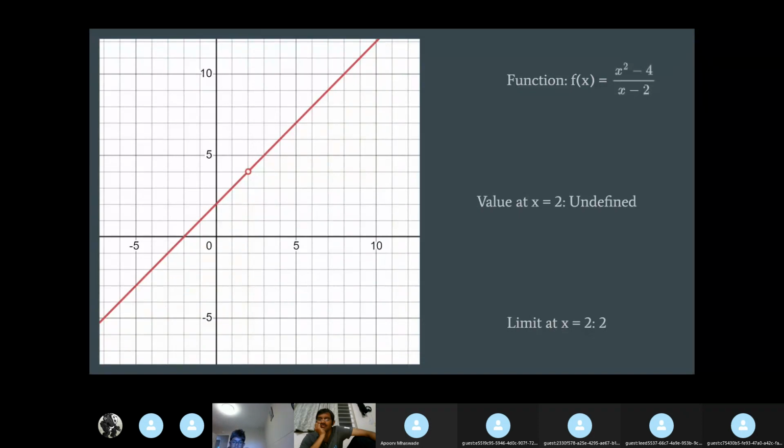So we can just say that the value of the function approaches 4 as x approaches 2, even though when x is 2 it's not defined, right? Pretty much what both Ashwin and Sweta said.